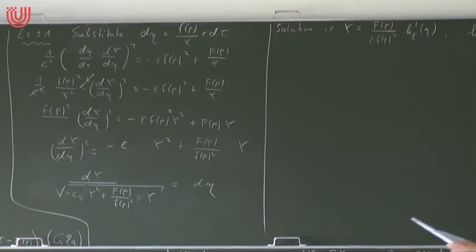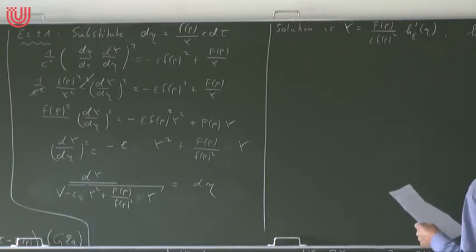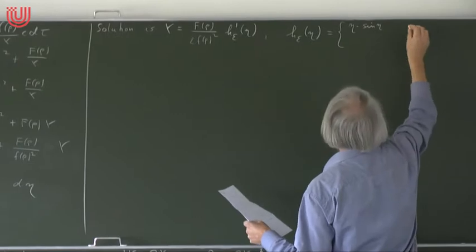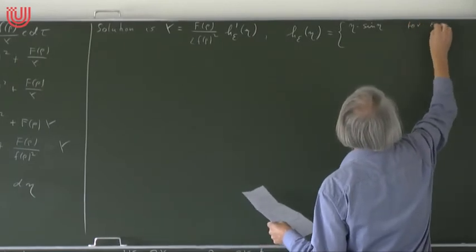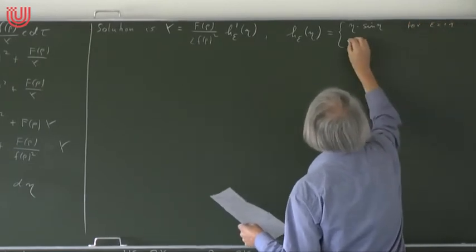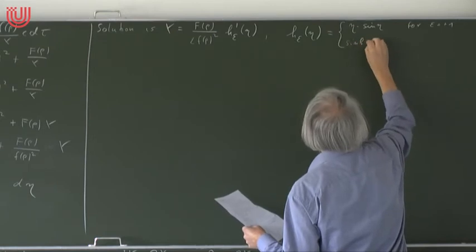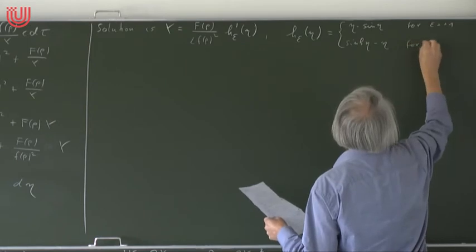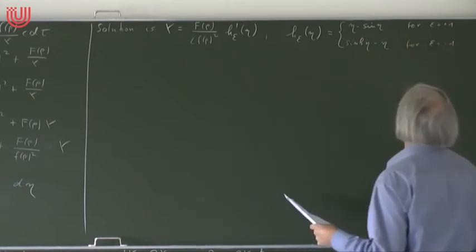So we have the two cases, epsilon equal plus 1 and epsilon equal minus 1. And this is eta minus sine eta for epsilon plus 1, and it is hyperbolic sine eta minus eta for epsilon minus 1.